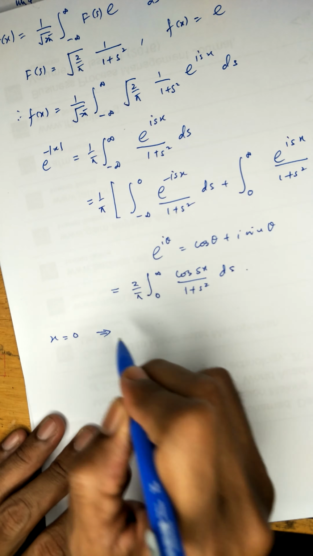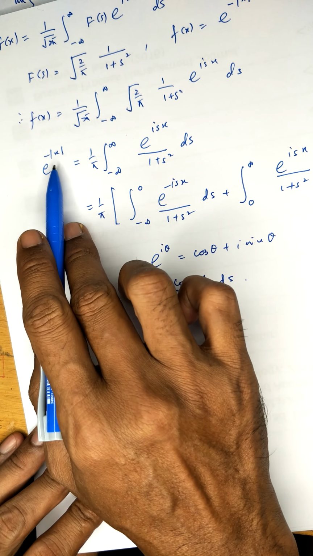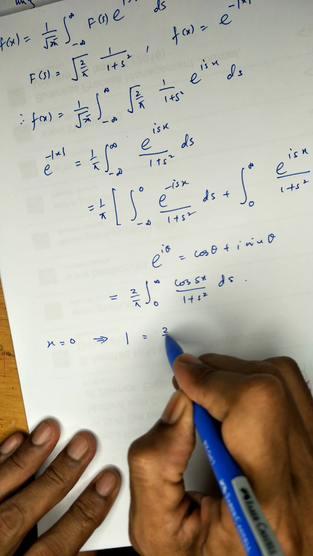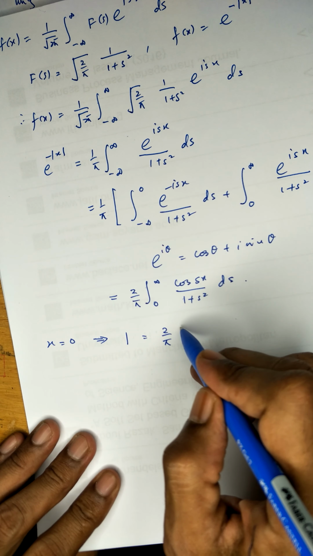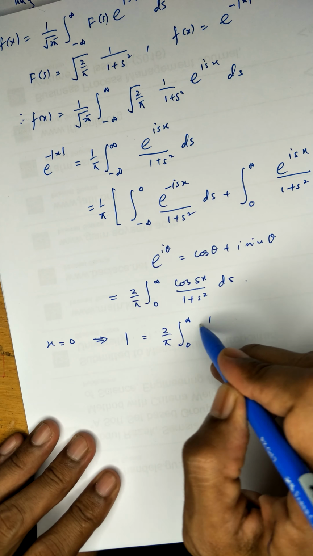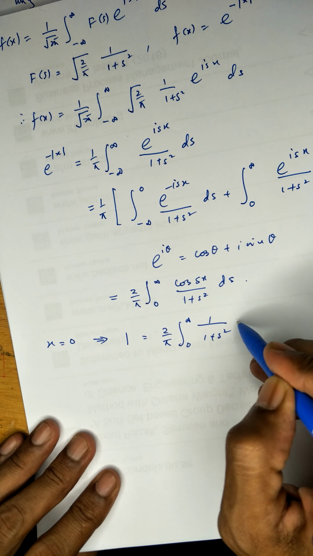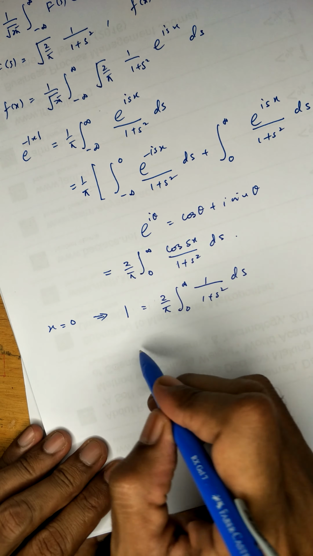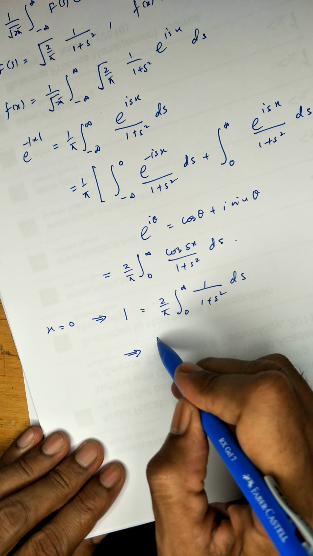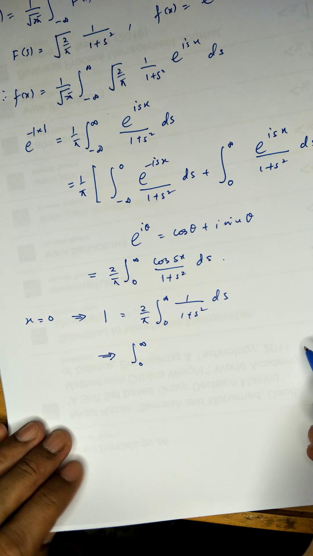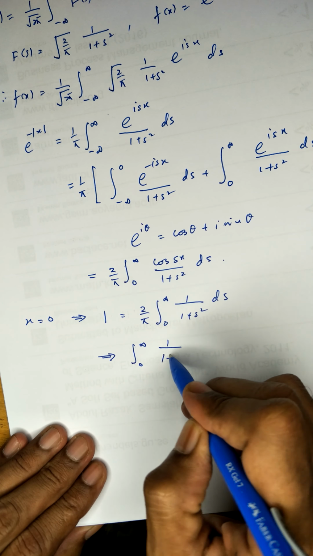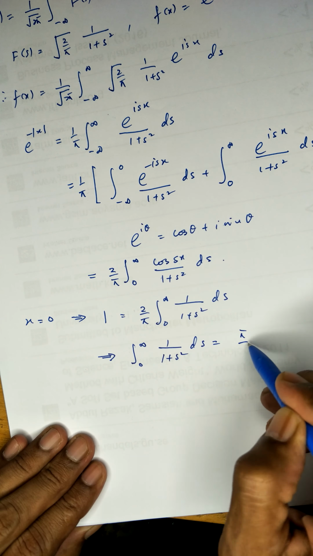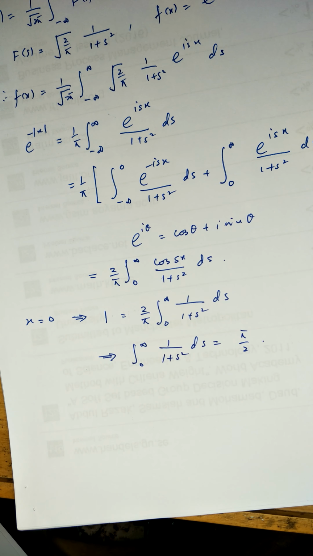If we take x equal to 0, then on the left side we got 1, on the right side we have 2 over pi, the integral from 0 to infinity of 1 over 1 plus s squared ds. So we arrive at our result: the integral from 0 to infinity of 1 over 1 plus s squared ds is pi over 2.